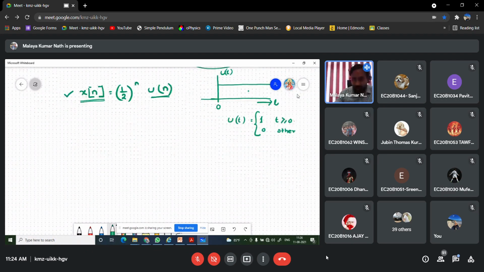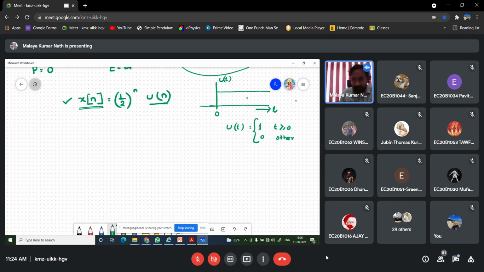Now, if I consider the unity step signal in the discrete domain, how will I write it? For n equal to 0, I get a sample with magnitude 1. For n equal to 1, I get a sample, again with magnitude 1. For n equal to 2, I again get a sample, and this will continue.